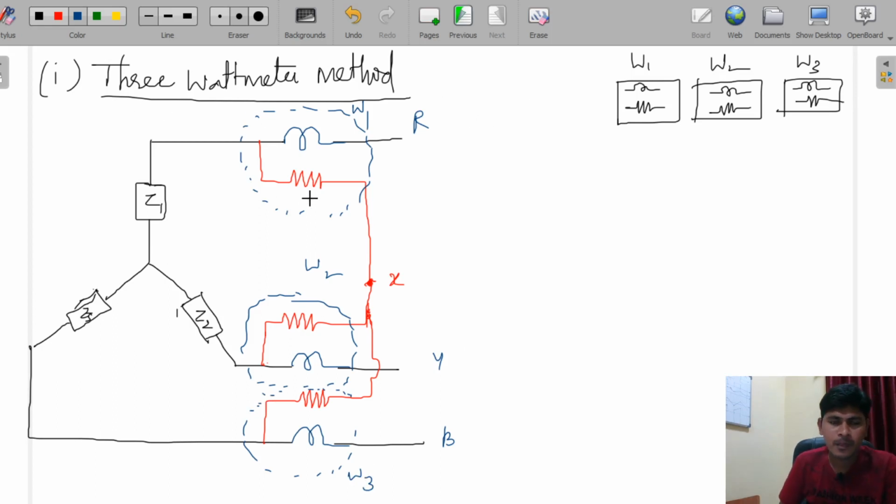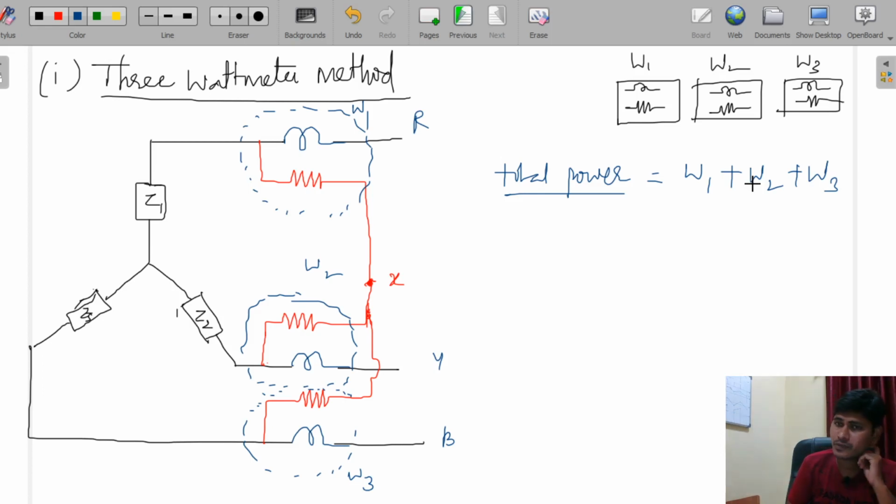Okay, now if you have this kind of arrangement, then total power consumed by the load is the algebraic sum of all readings given by all 3 wattmeters, that is W1 plus W2 plus W3.